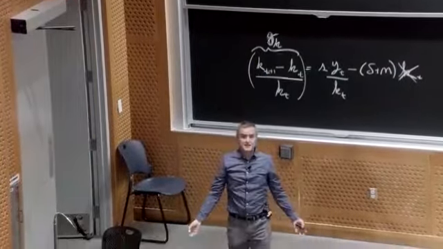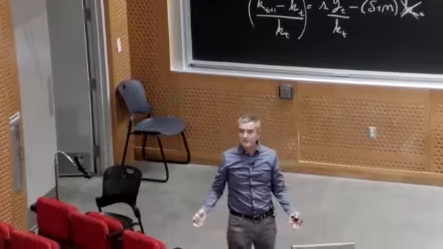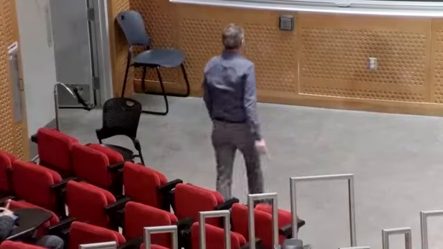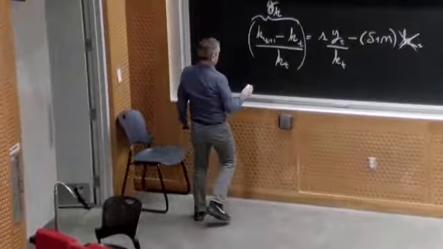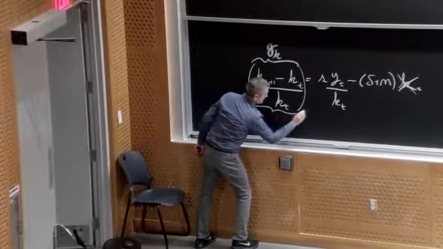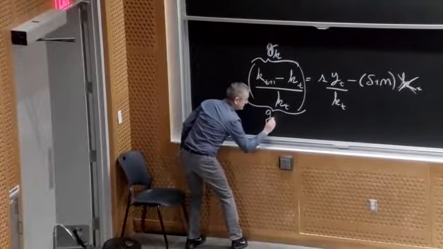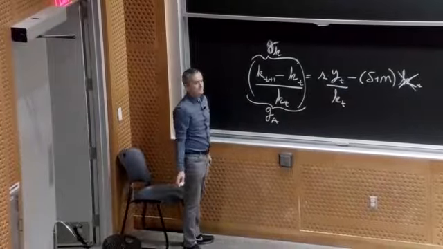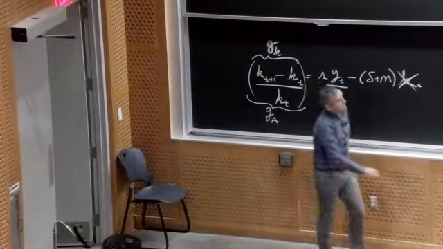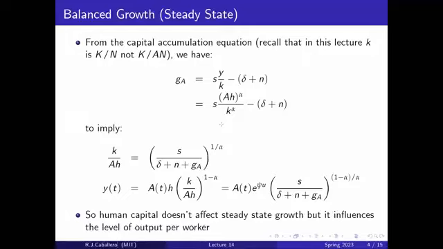But in a steady state, the rate of growth of k, capital per worker, is equal to what? gA is the rate of growth of technology. So in a steady state, this is equal to gA. And what I wrote there should be exactly that. Is it? Yes. Good.